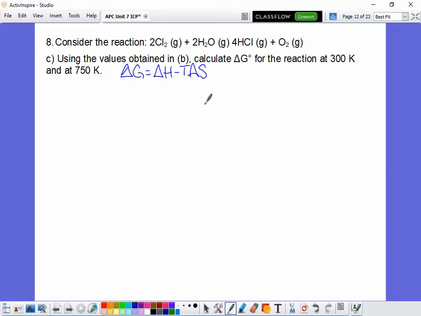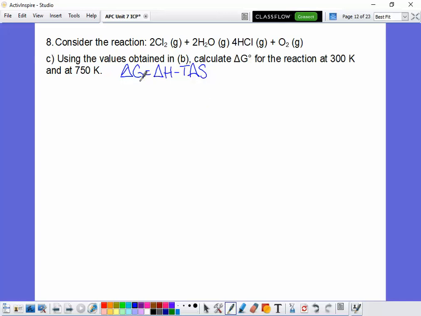Is there anything else you could use to find the delta G? Maybe not what you've used in B, but maybe something from A? You could use the Ratlink equation, but that would only give you delta G at 750 Kelvin, because that's the only one that we have the equilibrium constant for.